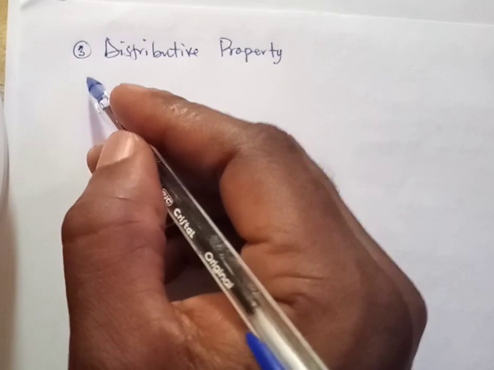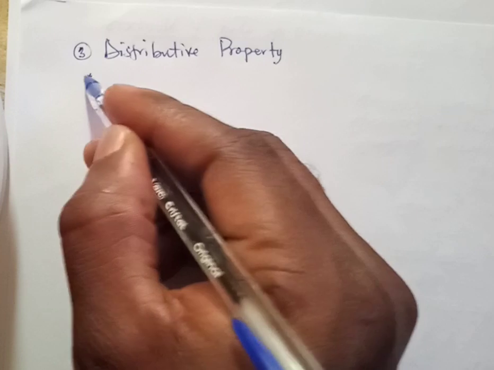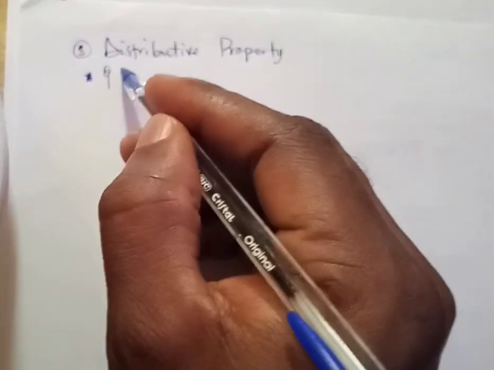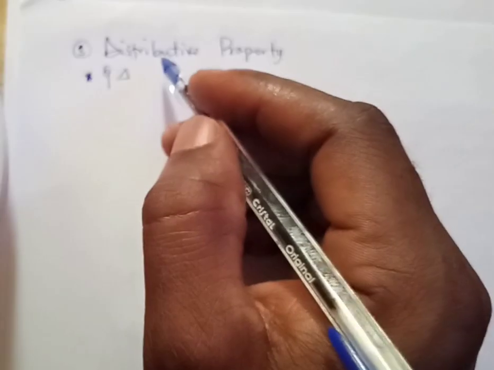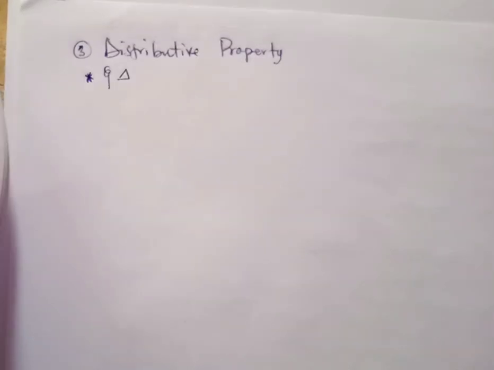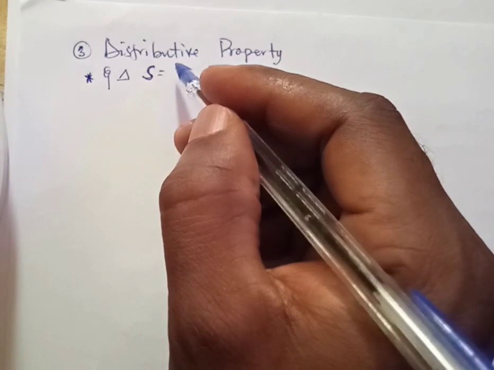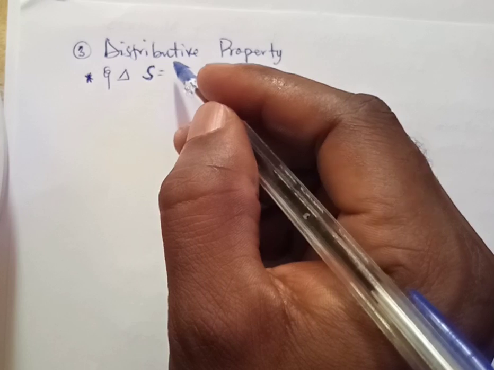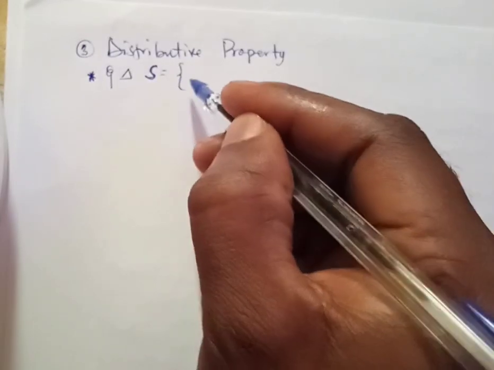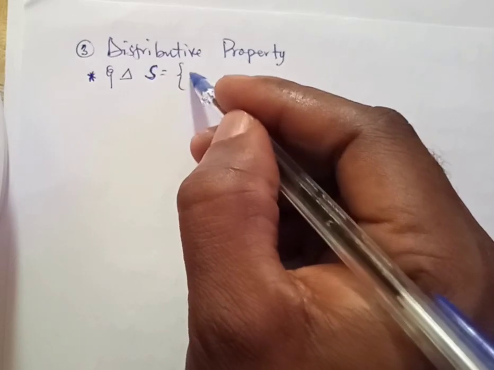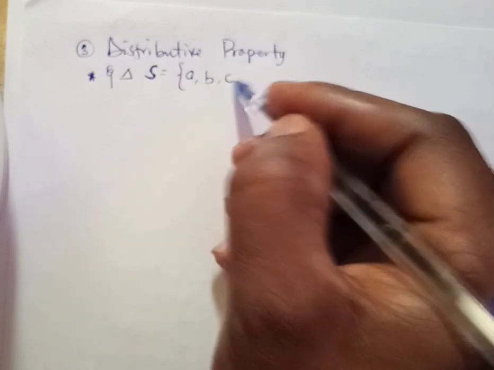So let's say we have this operation star and this operation delta. If these two operations are defined on the set S, then we have A, B, and C.